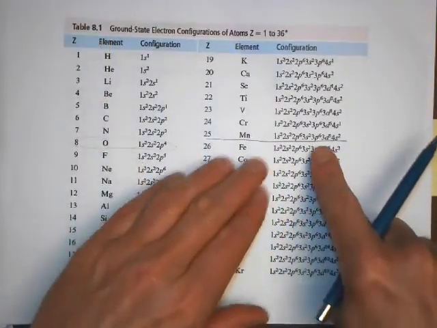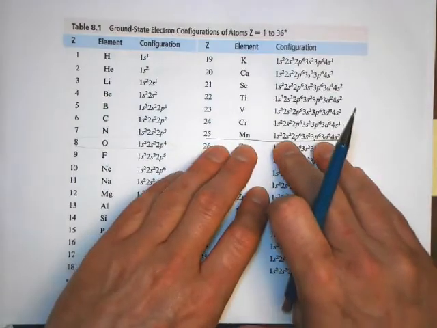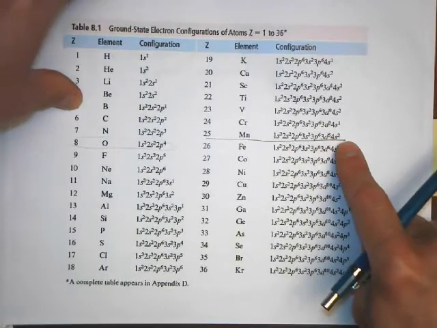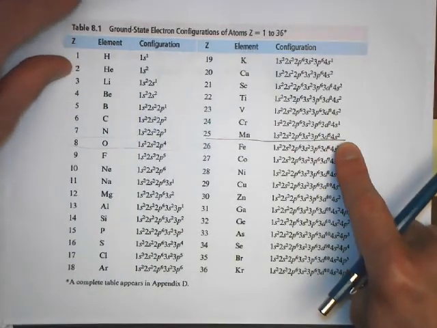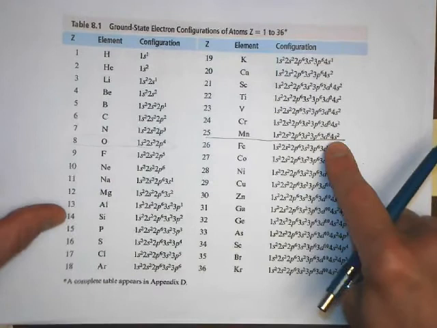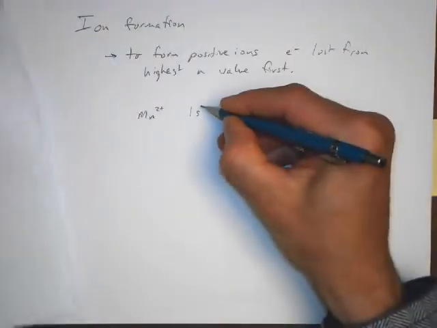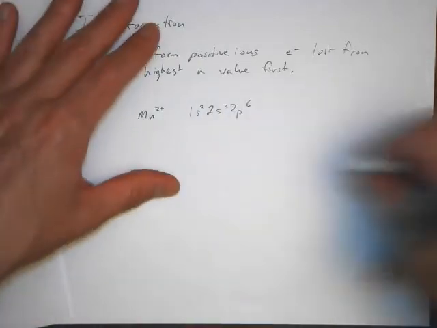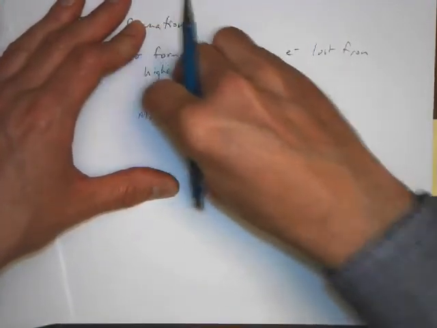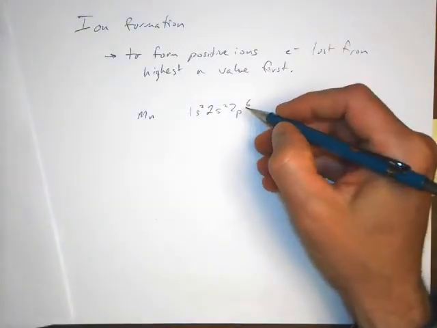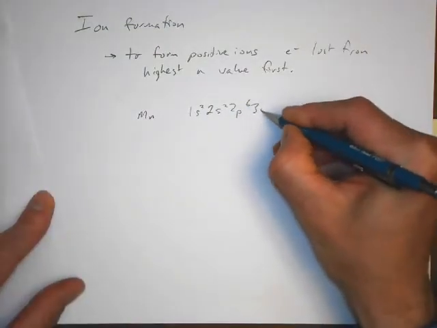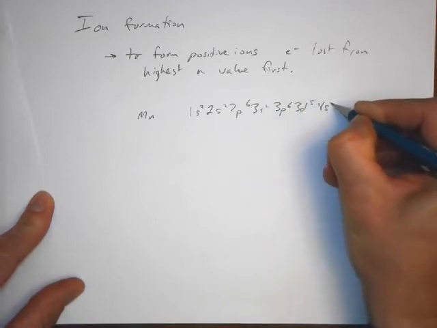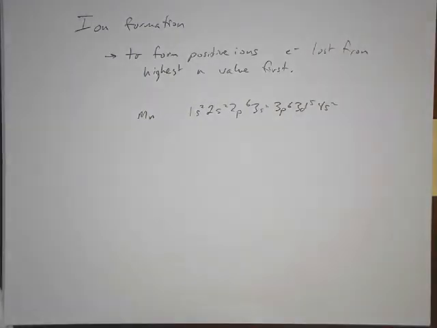Now, I challenge you to write out the electron configuration of manganese by using the building up principle that I showed you a moment ago. You should end up with 1s2, 2s2, 2p6, 3s2, 3p6, 3d5, 4s2 as the way you'd write it out.